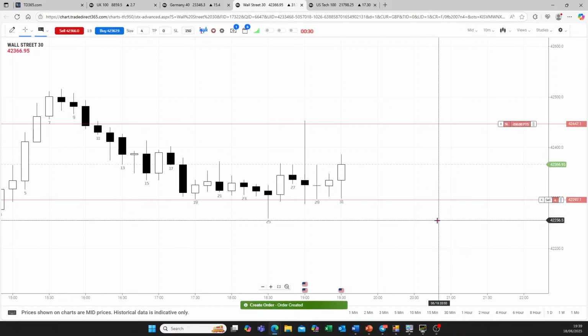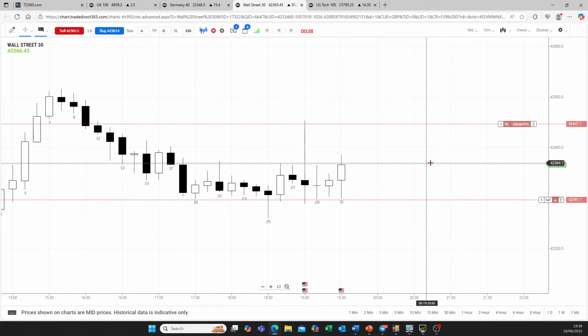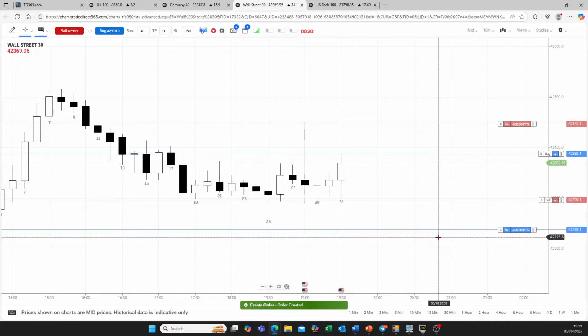So I'm placing a sell. Ignore the stop loss, it's just deliberately a little big. So I placed a sell and a buy.